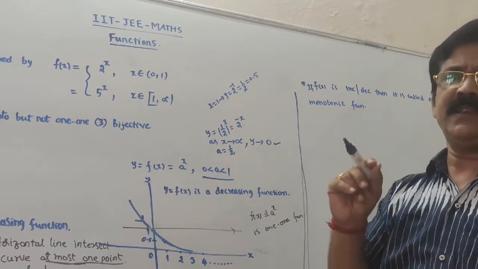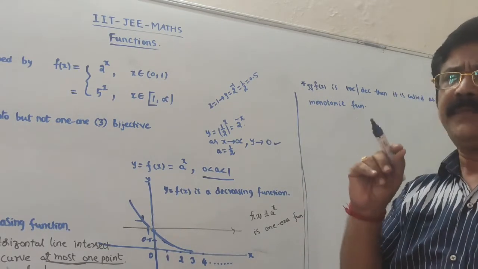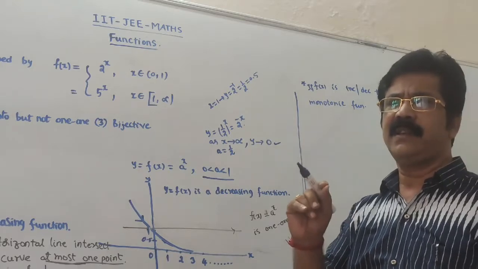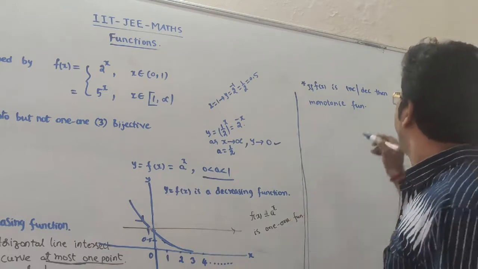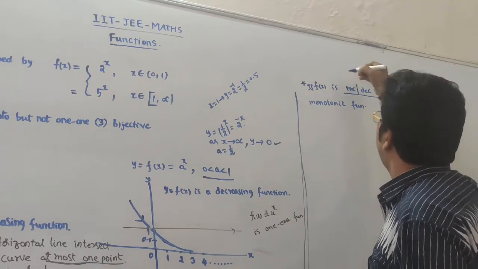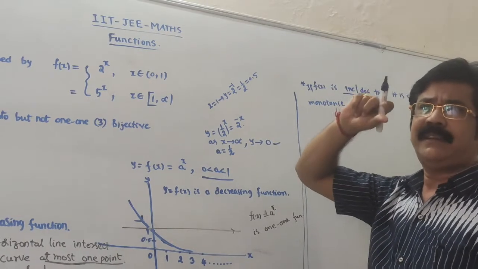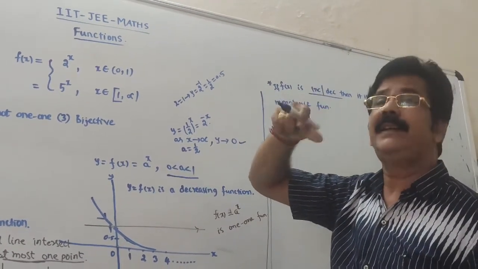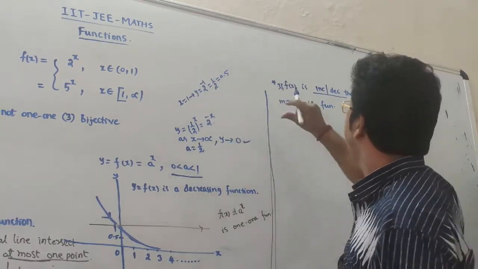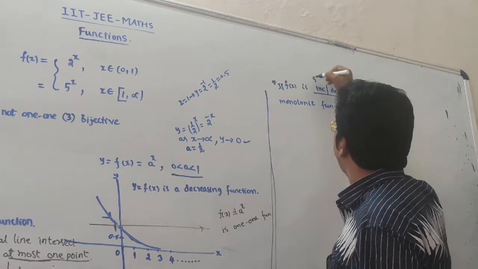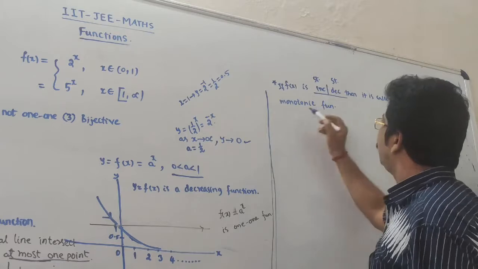Further we can study in calculus the vital difference between increasing and strictly increasing, decreasing and strictly decreasing. For this algebra I am telling that if f of x is strictly increasing or strictly decreasing, then it is called a monotonic function.